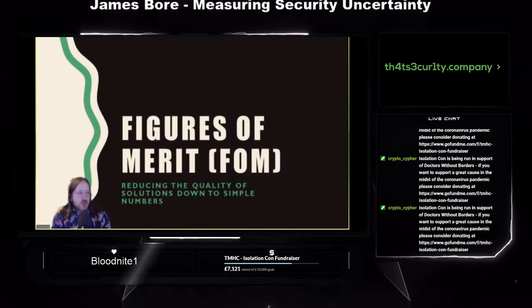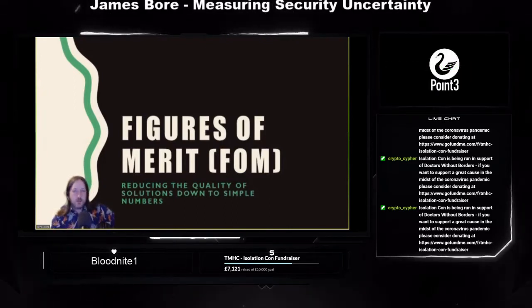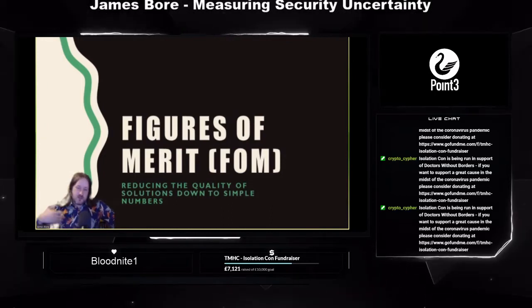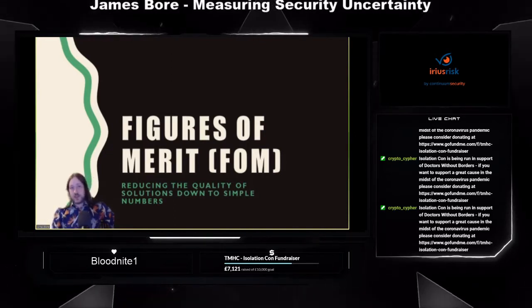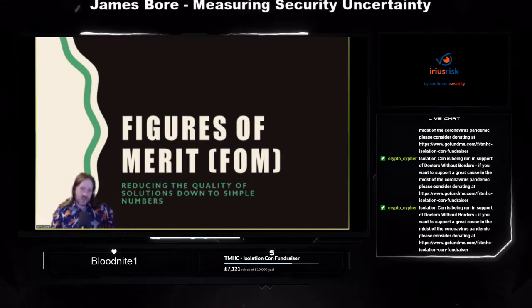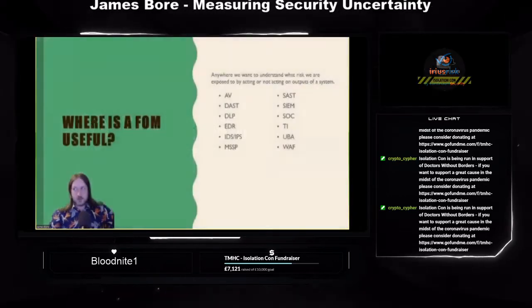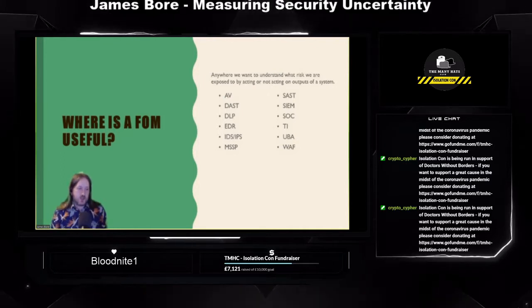Right, figures of merit. Figures of merit are part of what we're going to be talking about, but this is just a quick overview of them. Figures of merit are simply numbers that rate something. The same way you would do scoring in an RFP, that's all it is. It's a way to get a single number to rate a system or a solution and give you an idea of what it is.